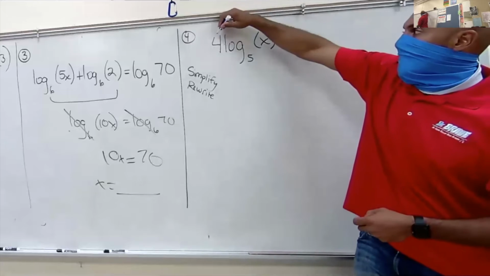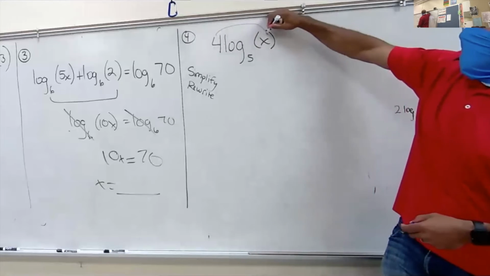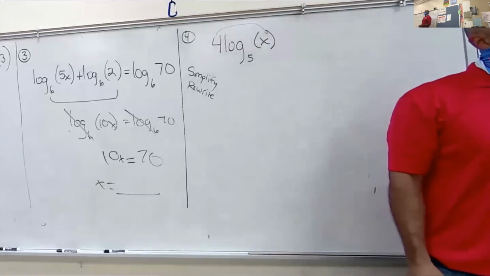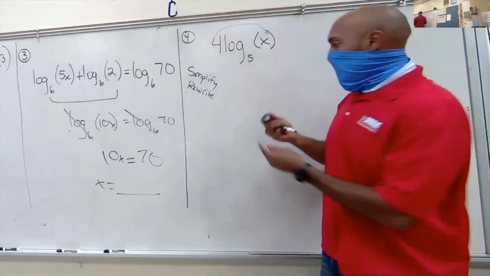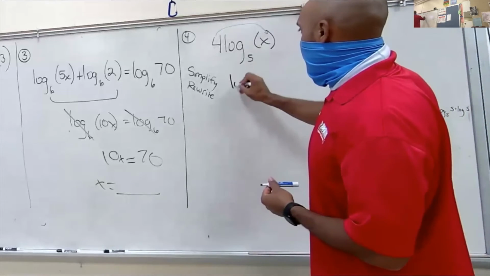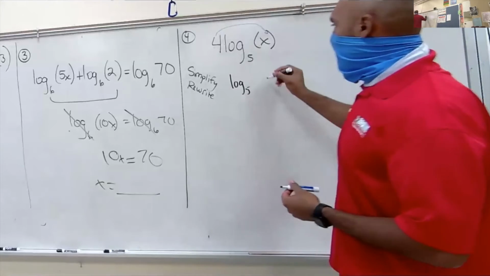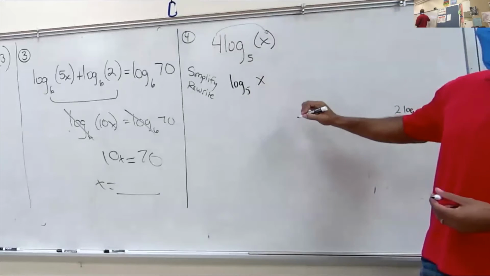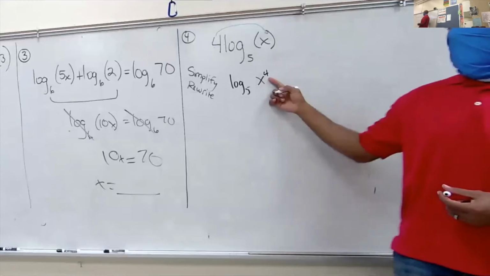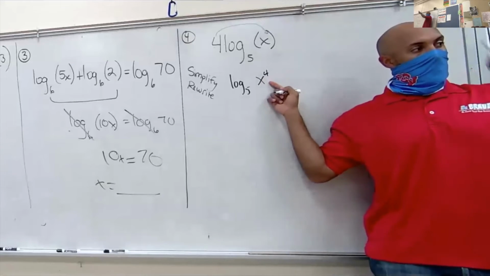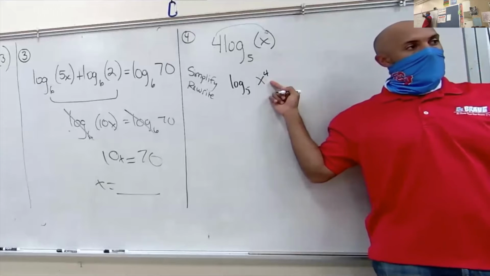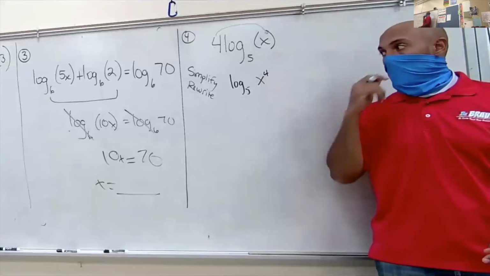This rule allows me to take that number and move it to the exponent of the x. So now this becomes log base 5 of x to the 4th power. Okay, so you just move that number in the front, move it over to the x. Now it becomes x to the 4th power.